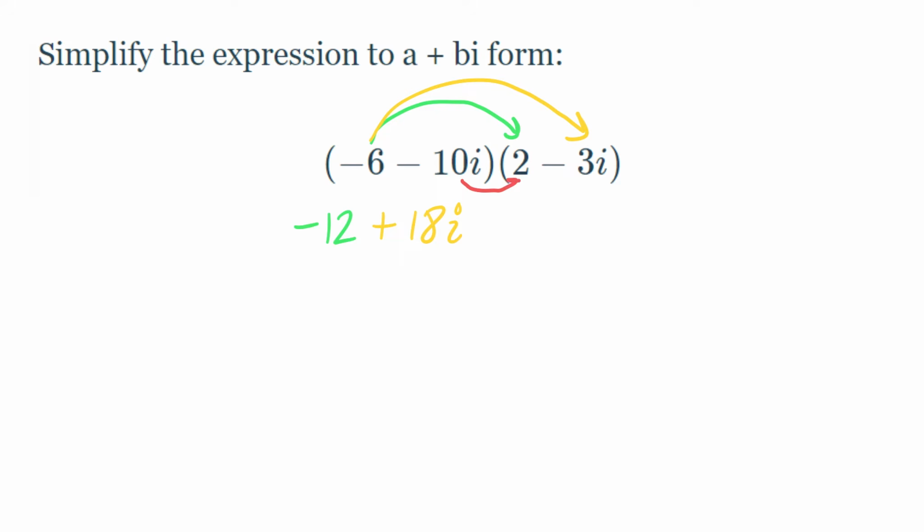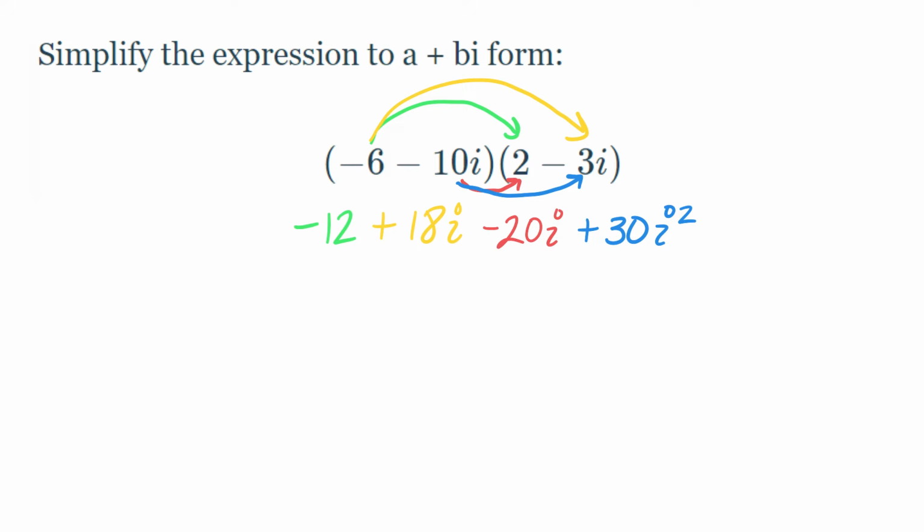So when we distribute the -10i times 2, this gives us a -20i. And then we're going to see our first value where this is going to be different. We have a negative 10i times a negative 3i. Well, negative times a negative is positive, and i times i is i squared.